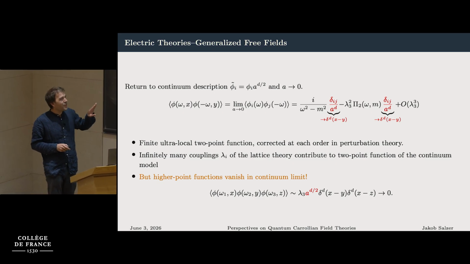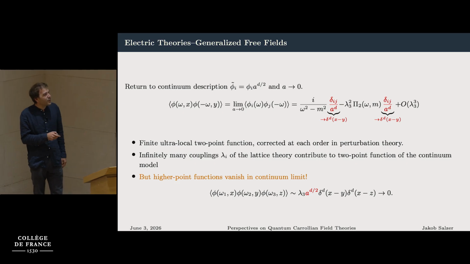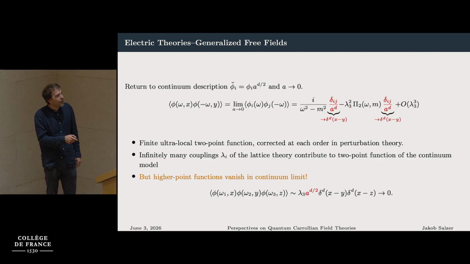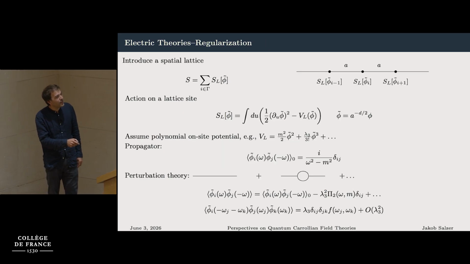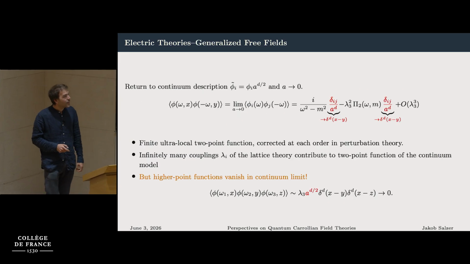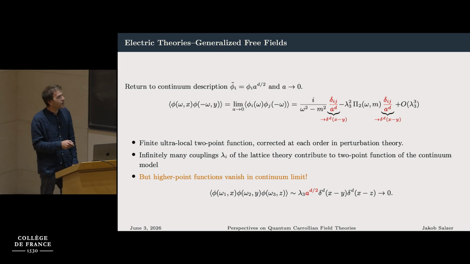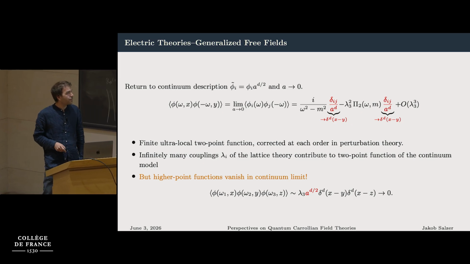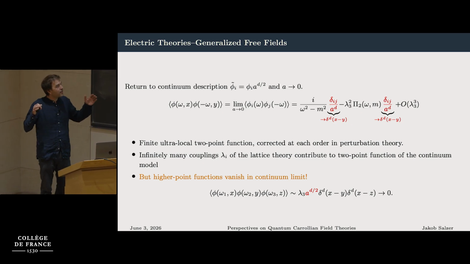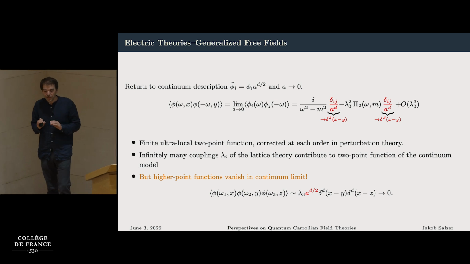Notice some peculiarity here, namely that in order to compute this 2-point function, I actually have to provide all the couplings of the quantum mechanical model at each site. So infinitely many couplings contribute to this 2-point function. Okay, this is nice. This is precisely what we wanted, what we expected.